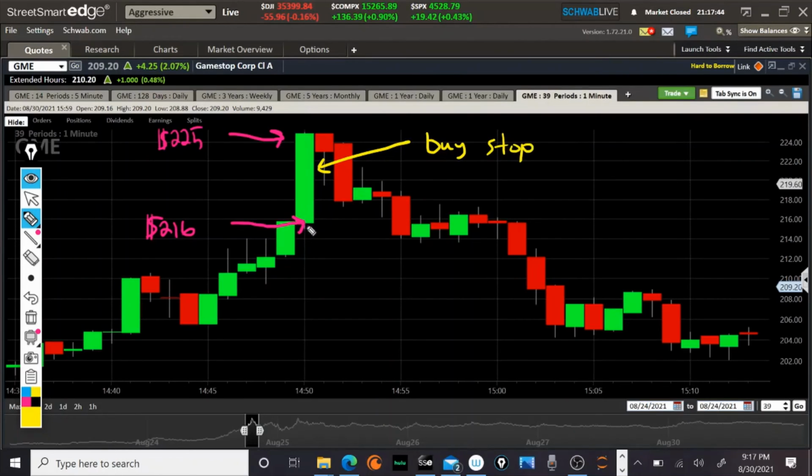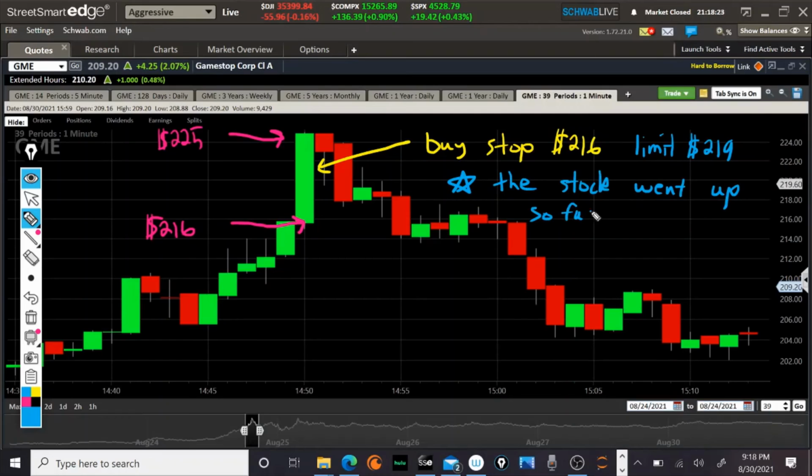If we placed a buy stop limit, and if we did the stop at 216, and let's say we did the limit at 219, this price is moving up super fast, $9 in a minute. So the stock going up so fast, it might initiate the limit order, but then the limit order might not execute if the price is above 219 by the time it's your order's turn. So it might not execute at all. So that's the risk to stop limits.